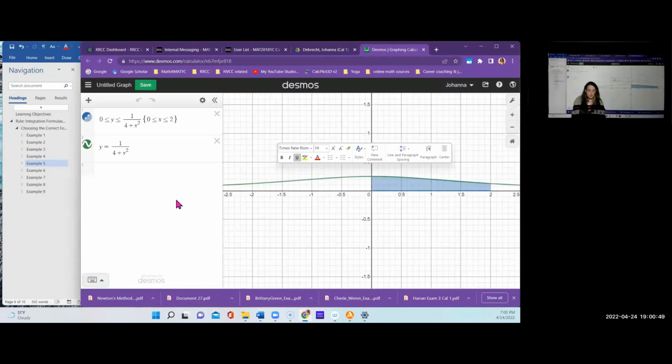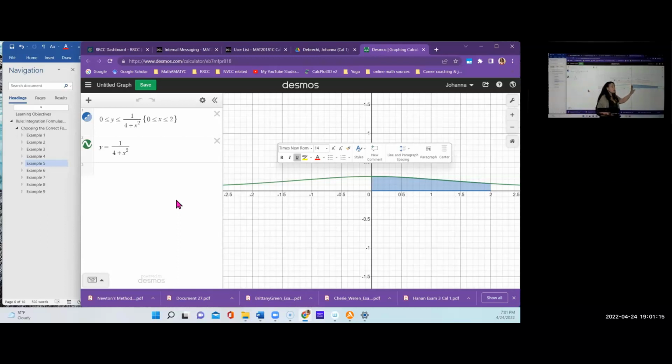This is the original function that was in the original integrand, 1 over 4 plus x squared. And we are shading the region between x equals 0 and x equals 2, which you can see right here is shaded in blue. This particular function, because the denominator is always strictly positive, is all above the x-axis.